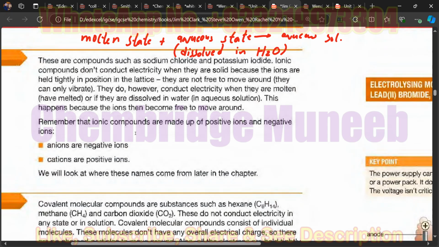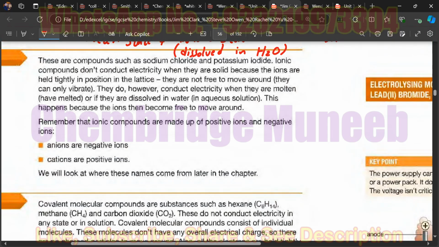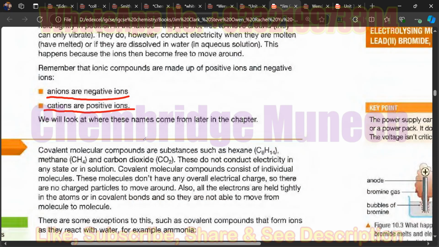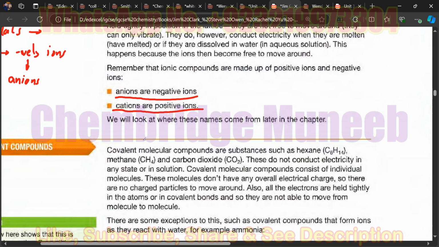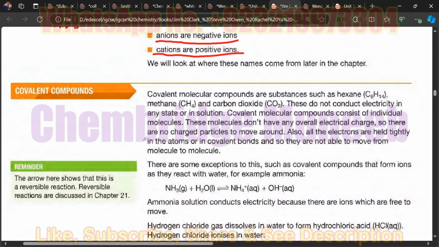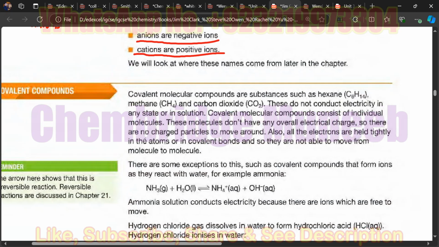Only the negative charges? Or is it both the positive and negative? Both, yes. Both the positive and the negative charges, or you can say cations and anions, both play a role in conducting electricity in the molten or aqueous state. So that's the second thing which you need to learn.